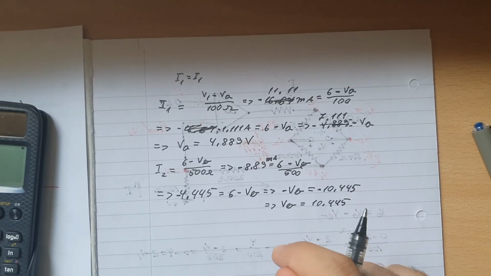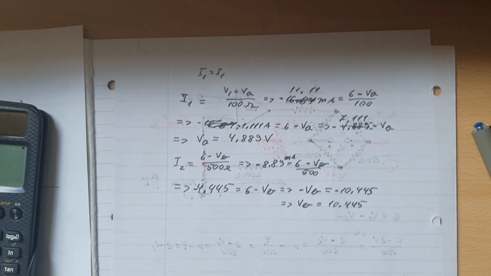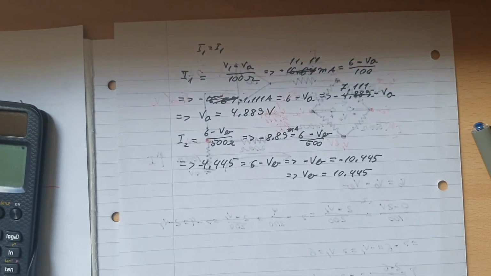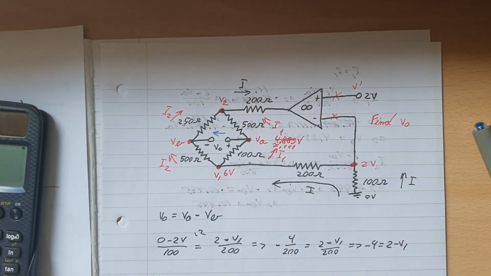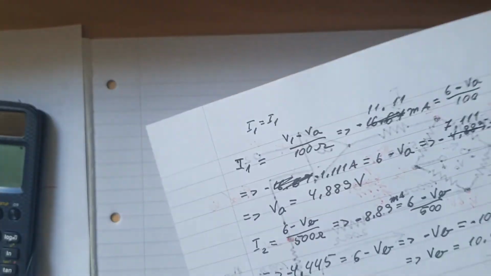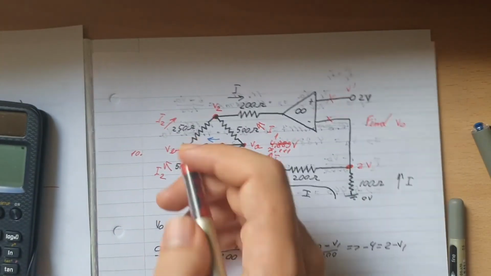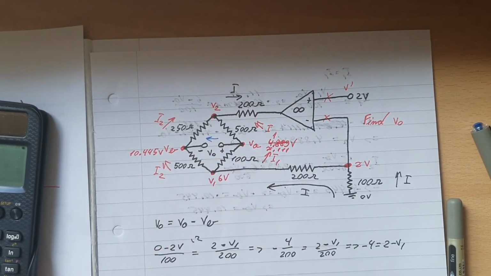My god, it's such a small difference. In my notes I got something along the lines of 5 volts for V out, but this one has a really small gain because this is only 10.445 volts on this side here.